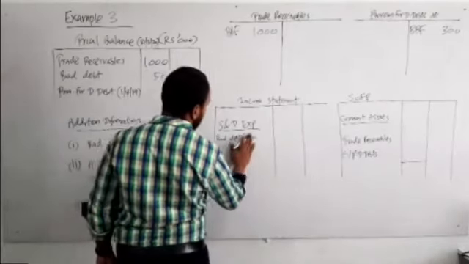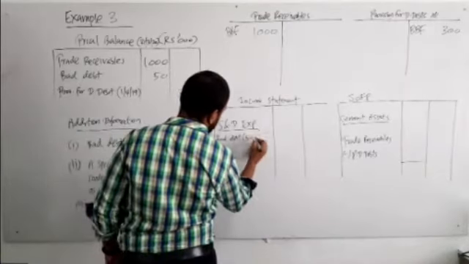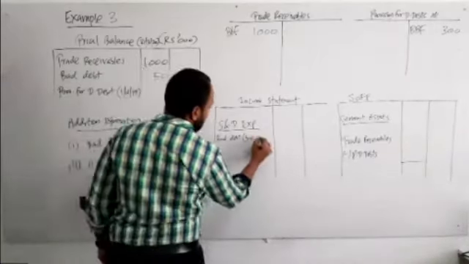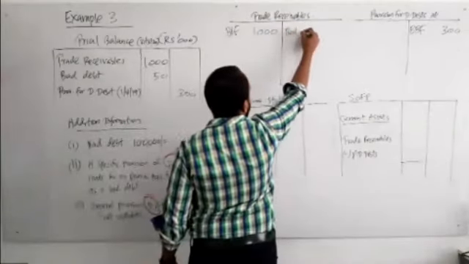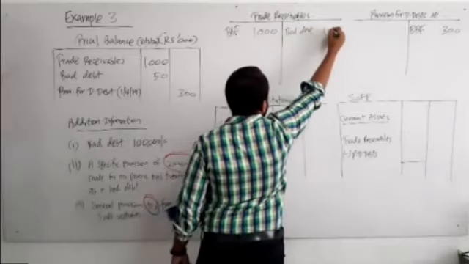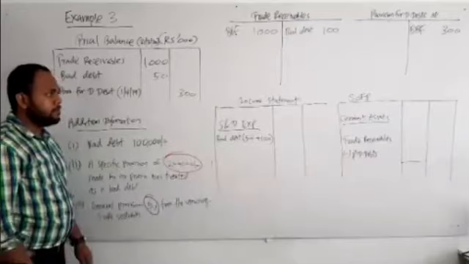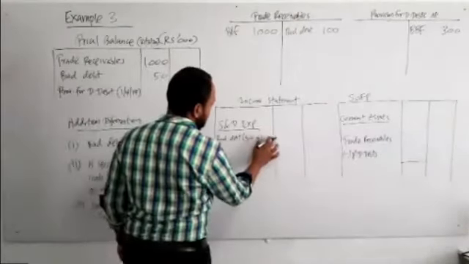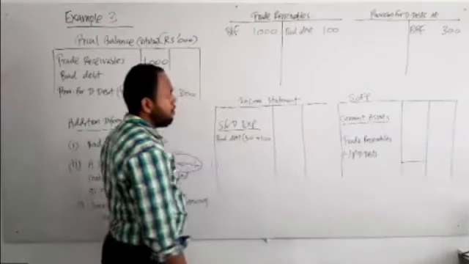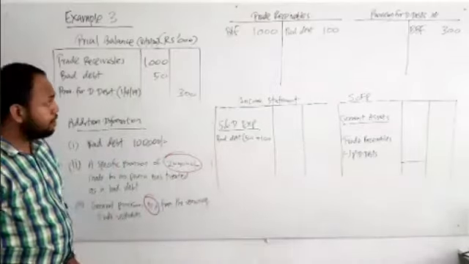Already there is 50, and we add another 100 to that. Credit receivables, debit bad debt expense.